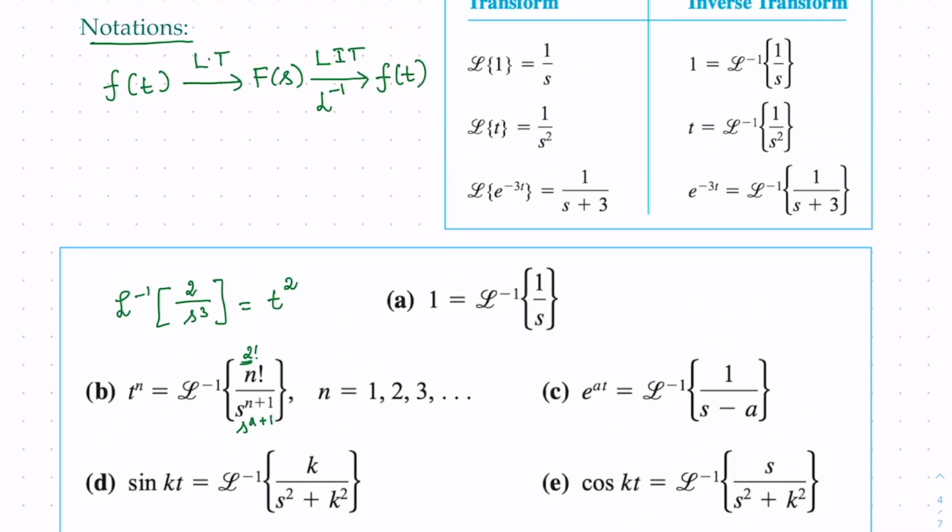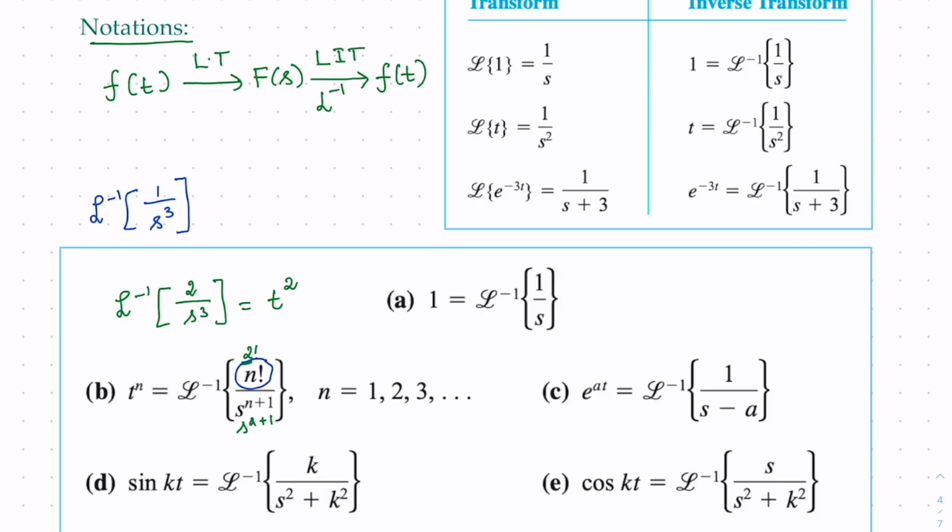But what if I give you the Laplace inverse of 1 over s cubed? Then what do you do? Here's where the tricky part comes in. This is a very simple example; you're going to see things get challenging as we move forward. Now you don't have a 2 factorial there.